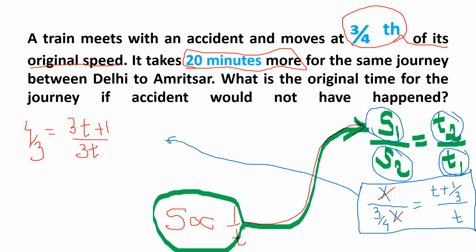Now this 3 and this 3 are gone. So 4t is equal to 3t plus 1. So ultimately 4t minus 3t is equal to 1. That means t is equal to 1.